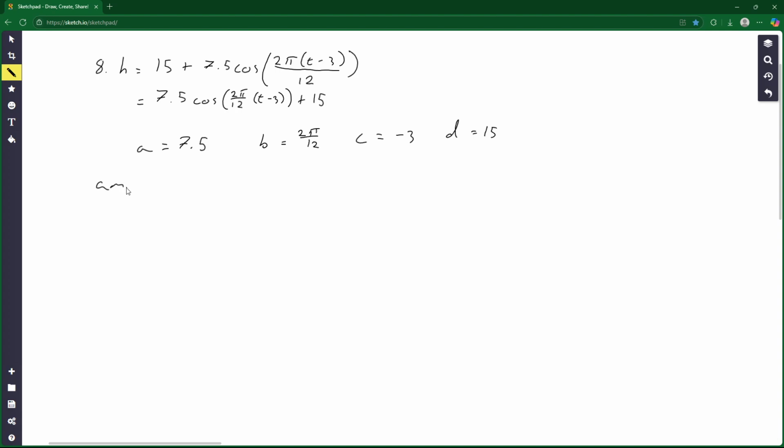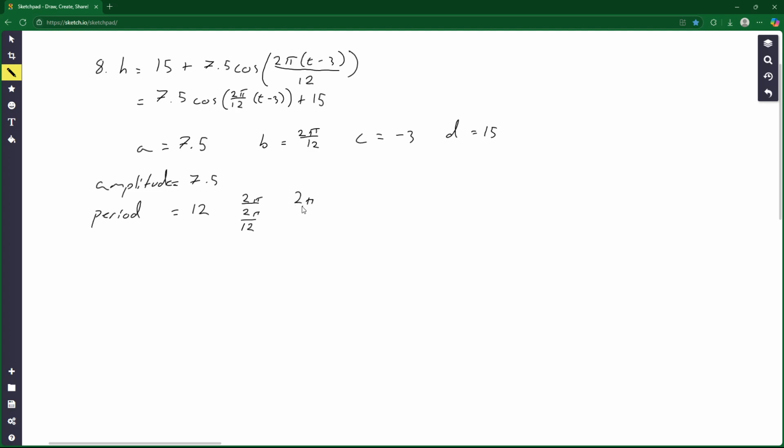That means our amplitude is going to equal 7.5. Period is going to equal 12. How did I get that? 2 pi over 2 pi over 12.